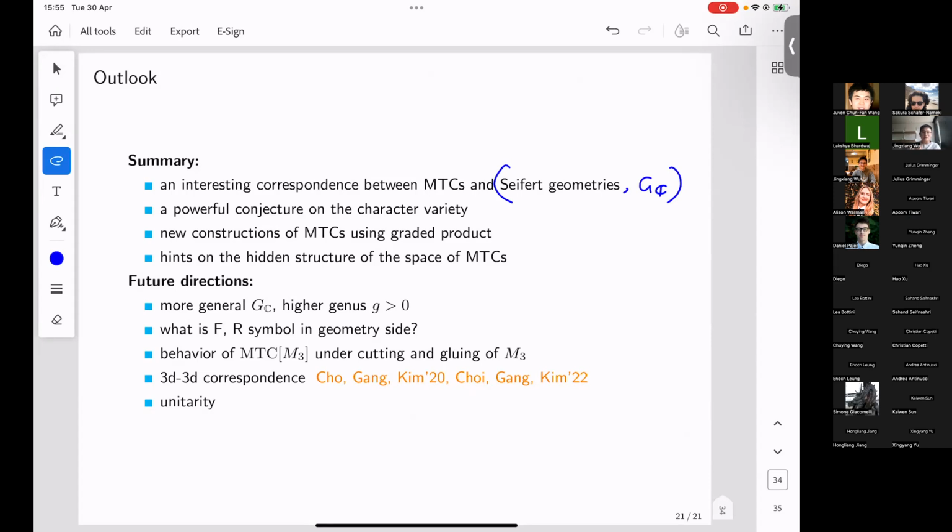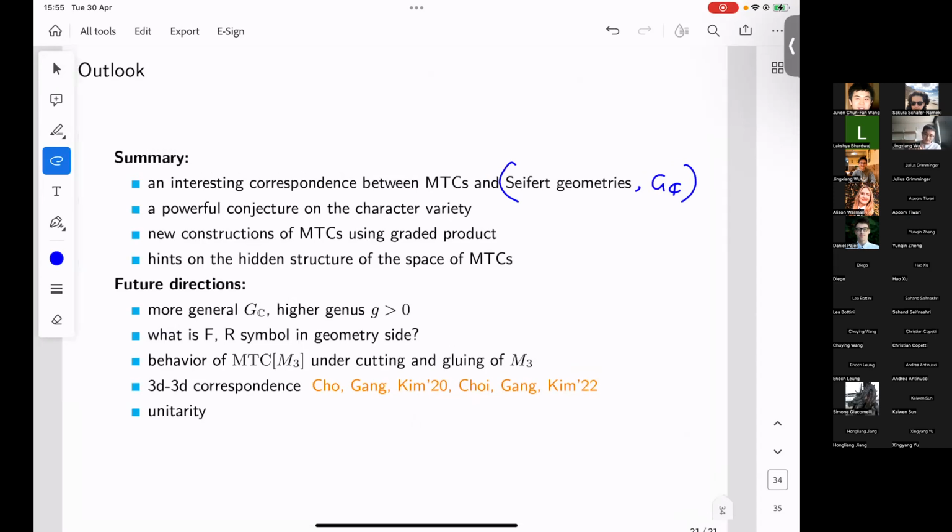For example, on the character variety side, this is basically the space of flat connections. Little was known about this space, but now we know, at least the interior of the so-called anyonic flat connections are just given by anyons on the MTC side.